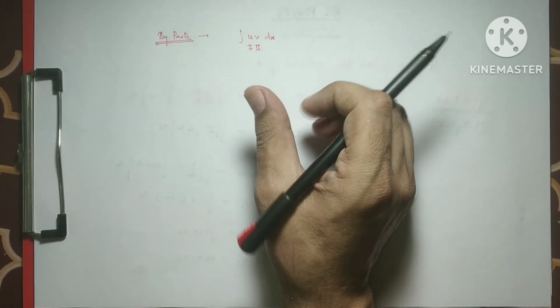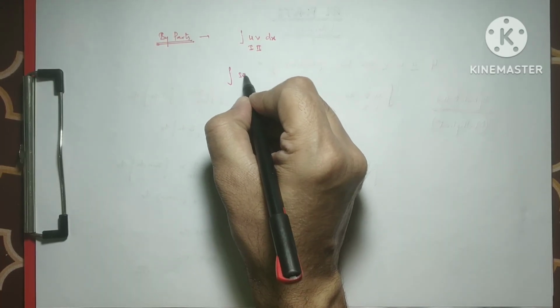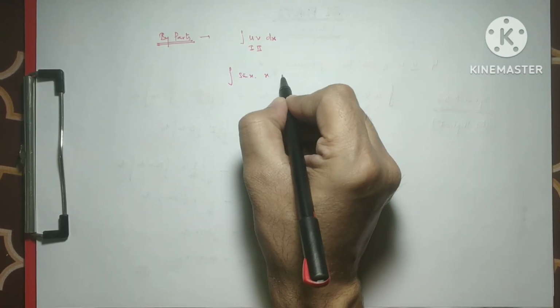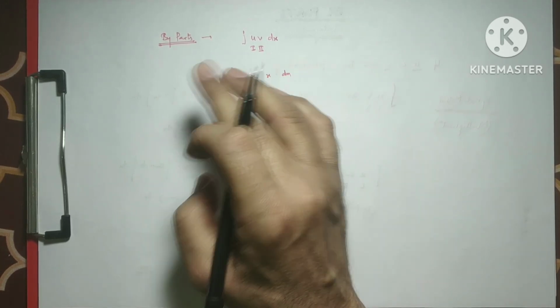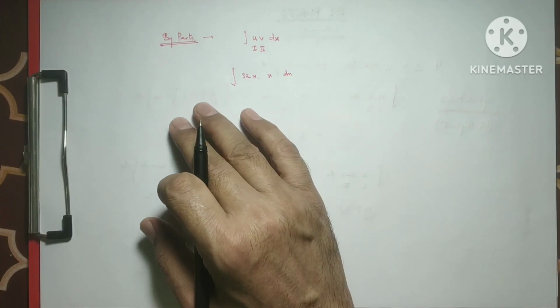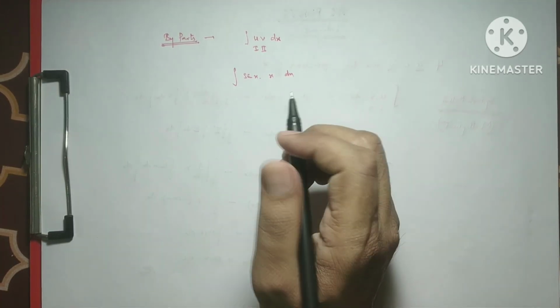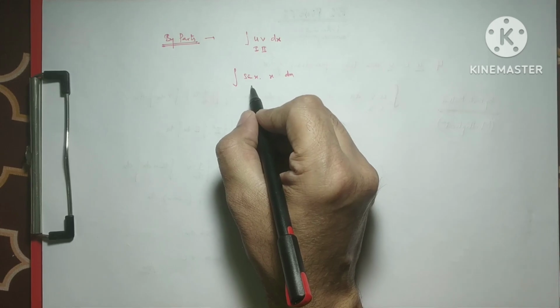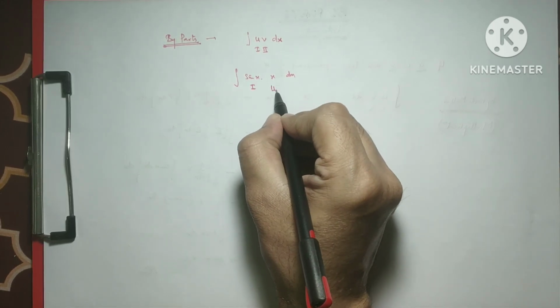There is a problem. If we take the question sin x and x, these are two functions, but like in the previous question, we did this question and got the final result. But now after changing the order, the first function is sin x and the second function is x.